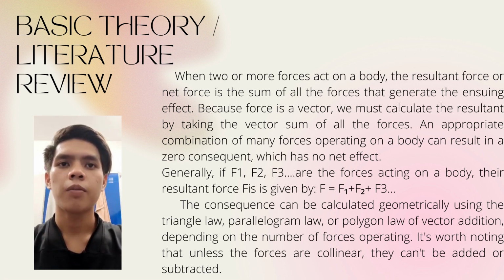An appropriate combination of many forces operating on a body can result in a zero resultant, which has no net effect. Generally, if F1, F2, F3 and so on are the forces acting on a body, the resultant force is given by F equals F1 plus F2 plus F3 and so on.